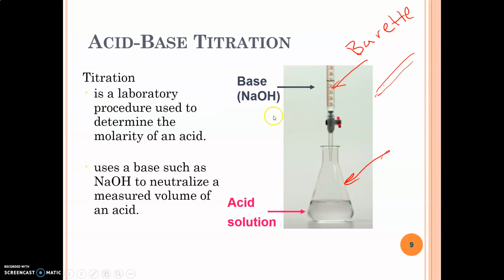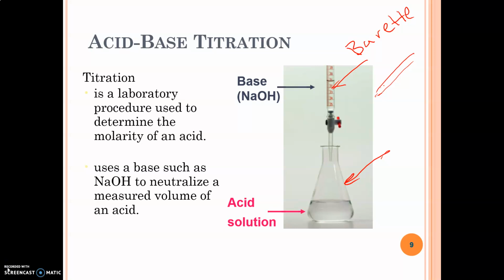In titration, this is the procedure or the how to neutralize the acid and base. So you can put the base in the burette, and can you see there are grades? This is the volume. From here you can determine the volume of acid or base, and actually you can put acid or base both. It's the same.